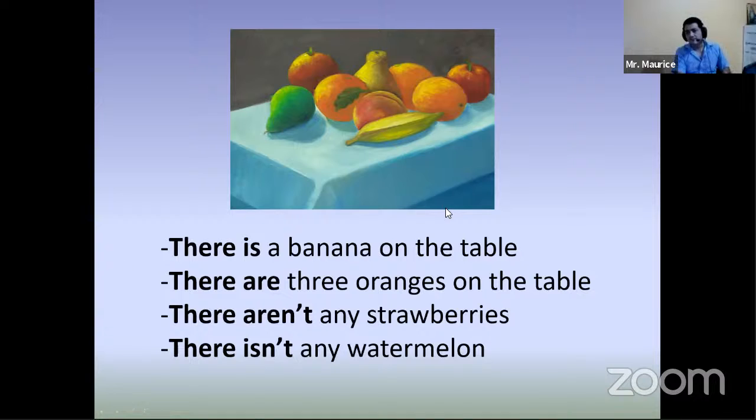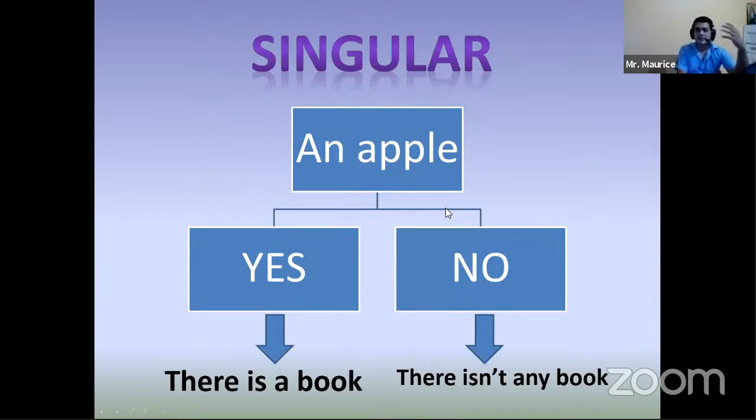Okay, now, take a look. Singular. Tenemos el objeto. An apple. Una manzana. Si es positivo, there is a book. Or there is an apple. If it is negative, well, there isn't any book.